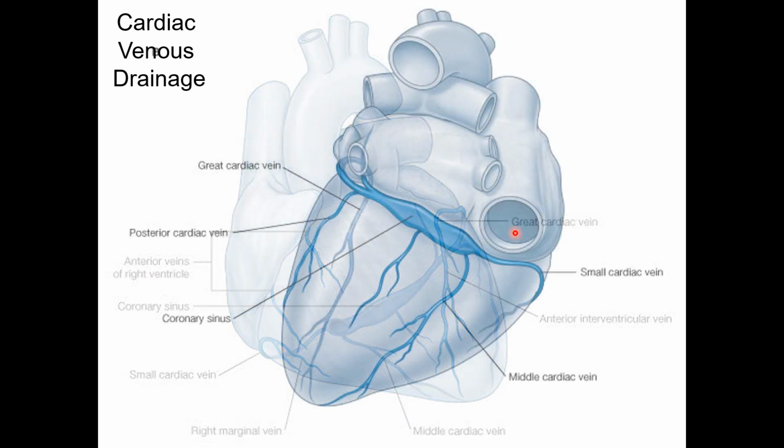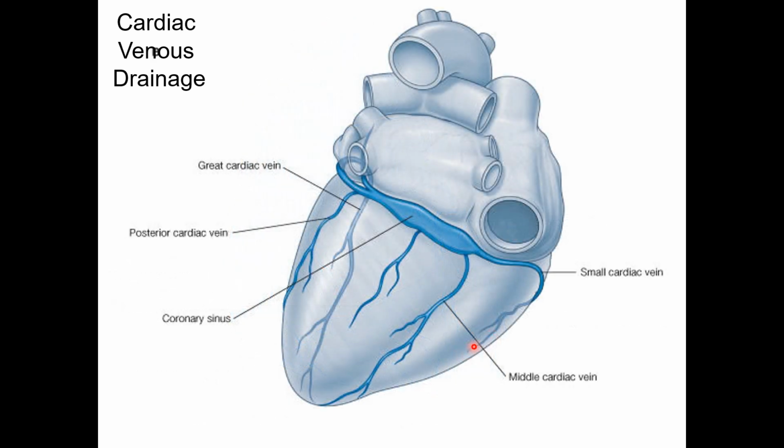If we turn the heart, this is the right marginal vein, which became the small cardiac vein, coming from the right side. This is the middle cardiac vein, which runs with the posterior interventricular artery, and this is the great cardiac vein, which at the beginning was the anterior interventricular vein. These meet in a very large vessel, which we call the coronary sinus, not a vein, coronary sinus.